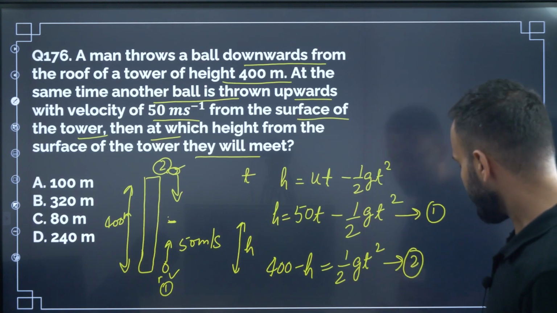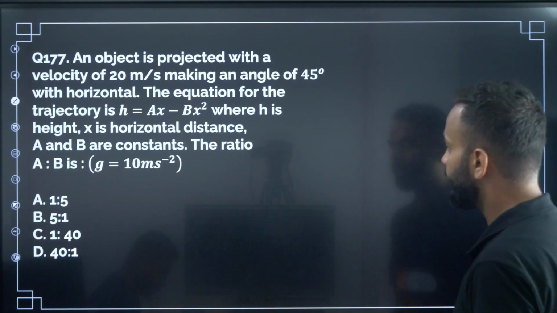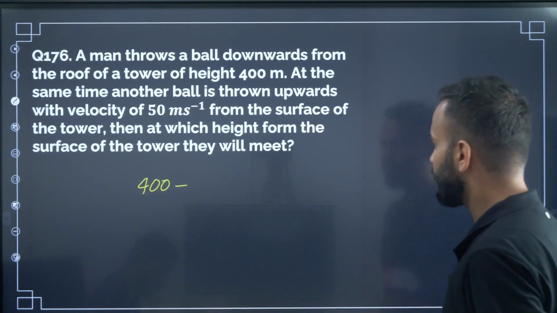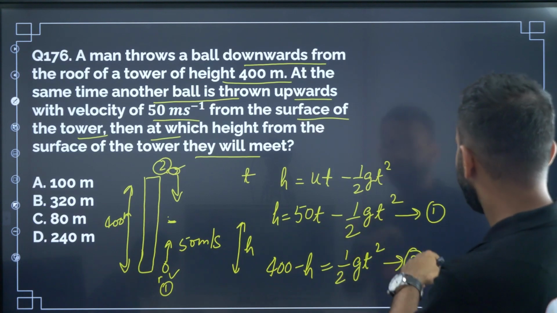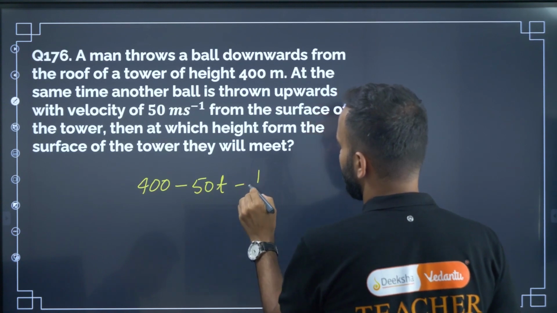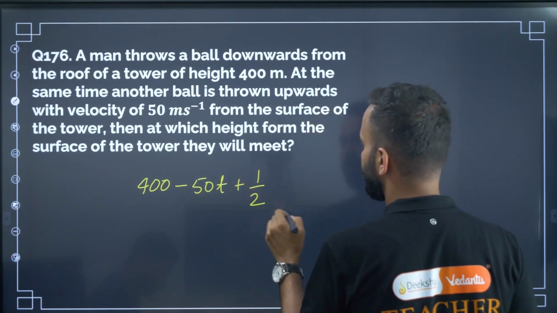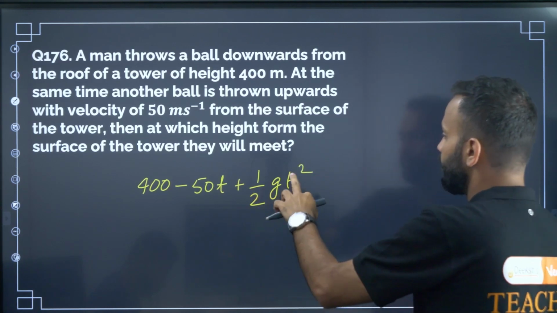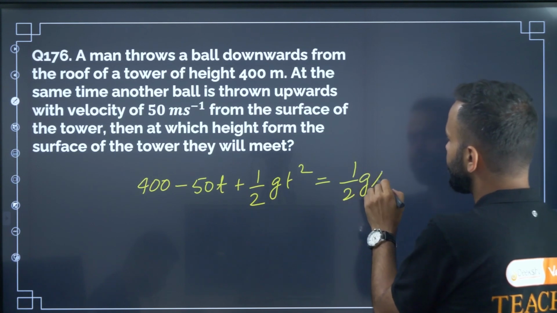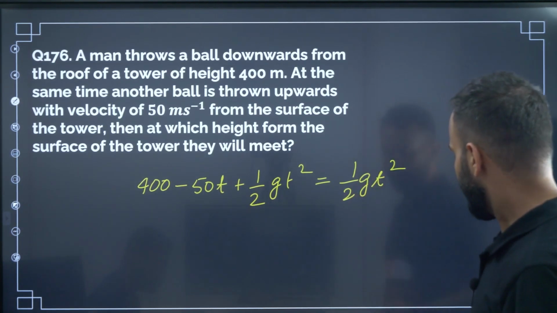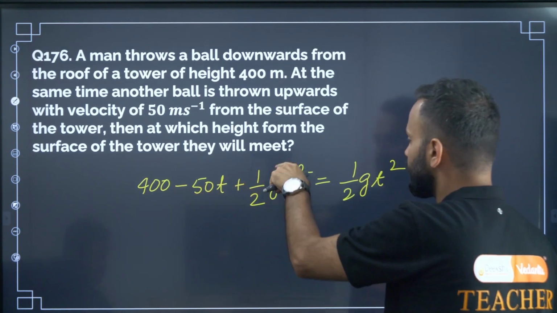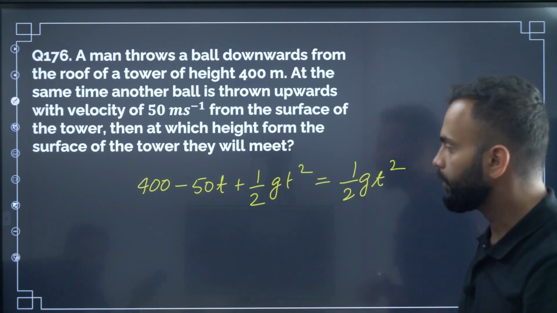So now 400 minus h, h is 50t minus half gt², so minus 50t, minus into minus plus, so plus half gt² is equal to half gt².